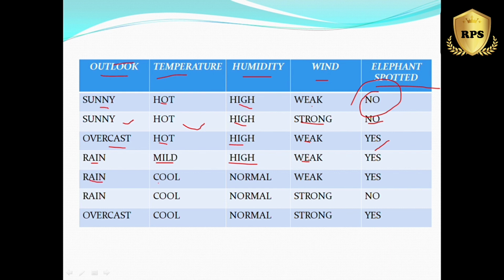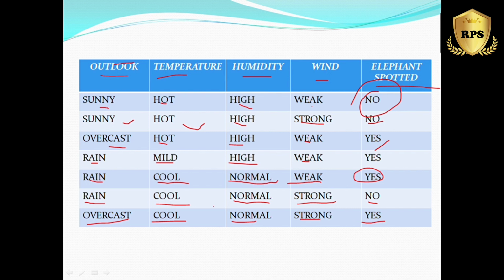Again, outlook is rain, temperature is cool, humidity is normal, wind is weak, elephant is again spotted. Then rain outlook, cool temperature, normal humidity, strong wind, but no elephant. Then overcast with cool temperature, normal humidity and strong wind, elephant is spotted.